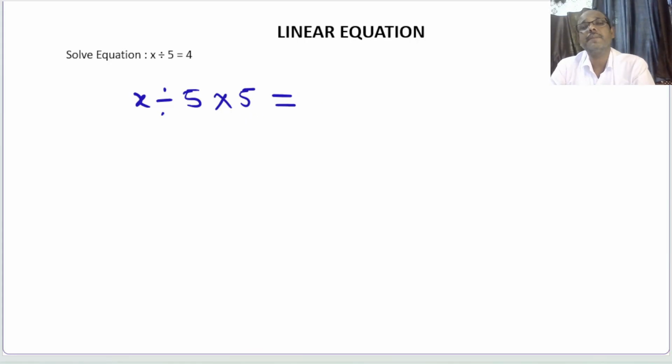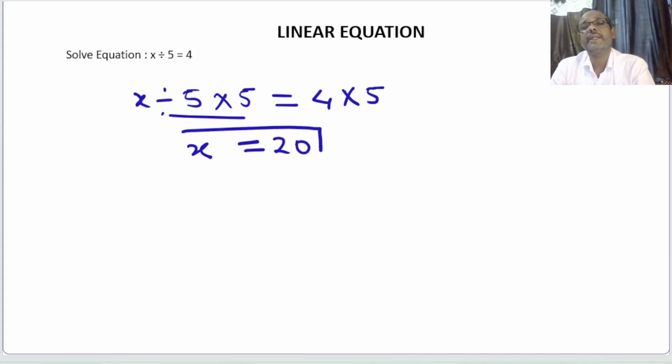Again we will multiply it on the right hand side, that is 4 multiplied by 5. So 5 divided by 5 multiplied by 5 will become 1. Here 1 multiplied by x, we are getting on the left hand side x is equal to 4 multiplied by 5, that will become 20. So the value of variable x is 20.